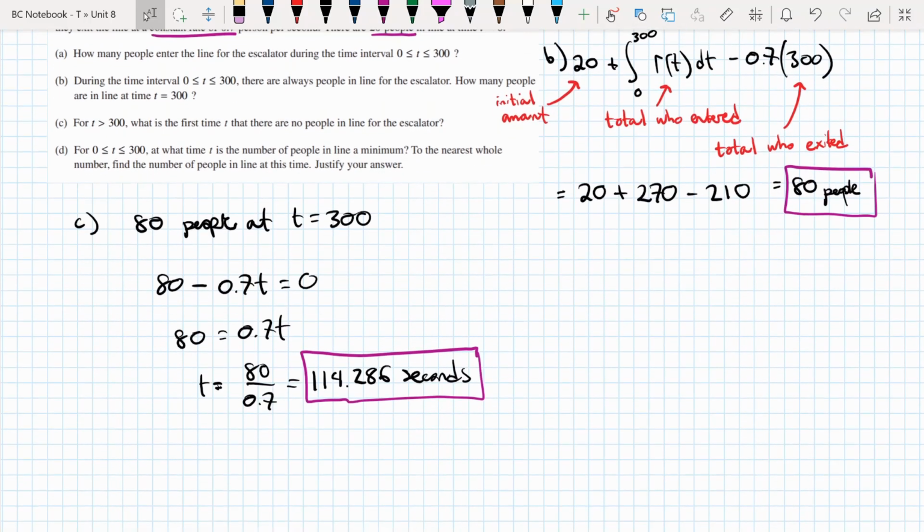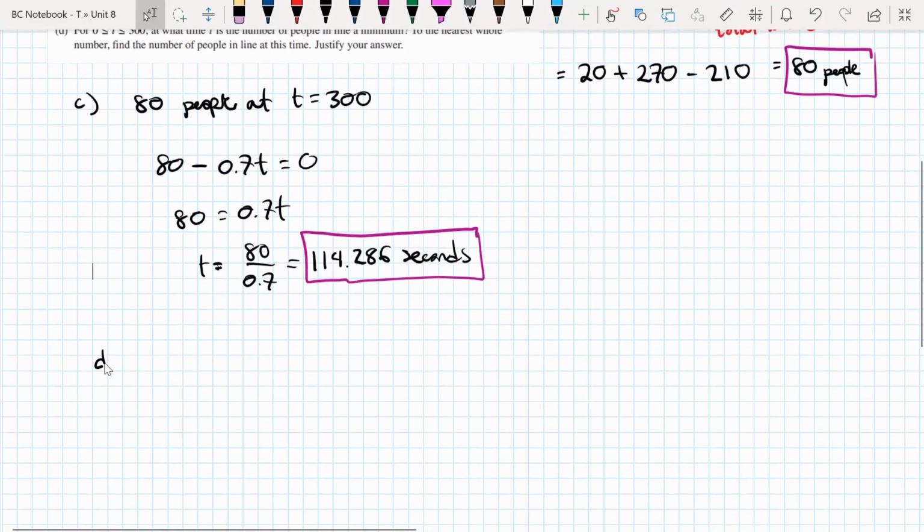If I want to find the minimum of a function, we need to check the endpoints and then the relative extrema, specifically the relative minimum. So for letter D, what I would encourage you to do is make a table, with t on the left and the amount of people as a function of t on the right. The first thing we want to do is always evaluate the endpoints.